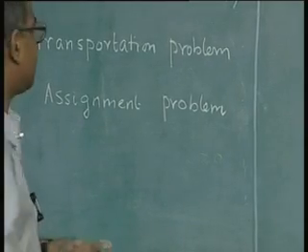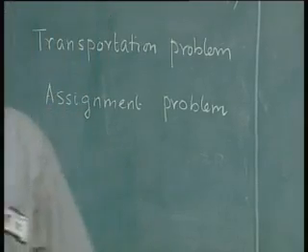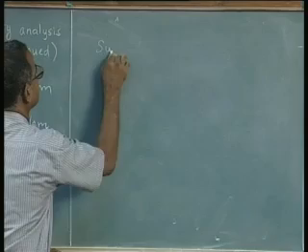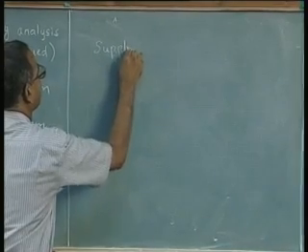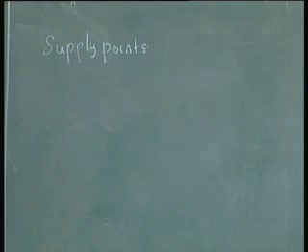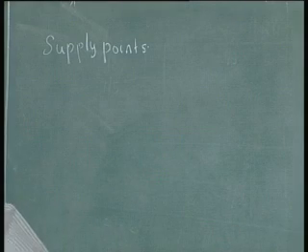Now what is the transportation problem? The transportation problem is as follows. Let us assume that there are a certain number of supply points and a certain number of demand points.